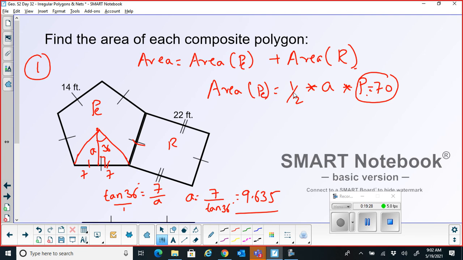Now we can find the areas very easily. The area of the pentagon is half of the apothem, which we already have, 9.635, times the perimeter, which is 70.